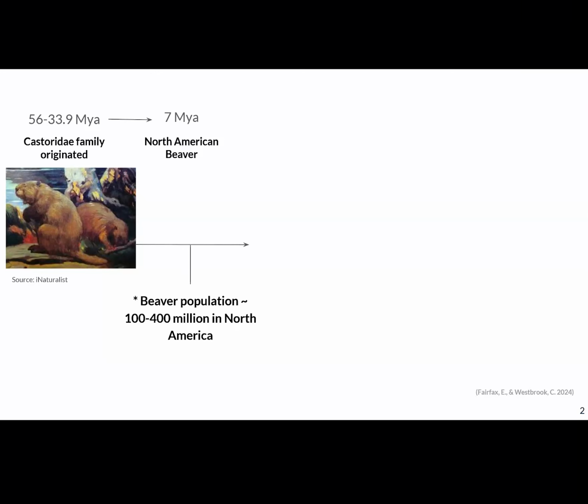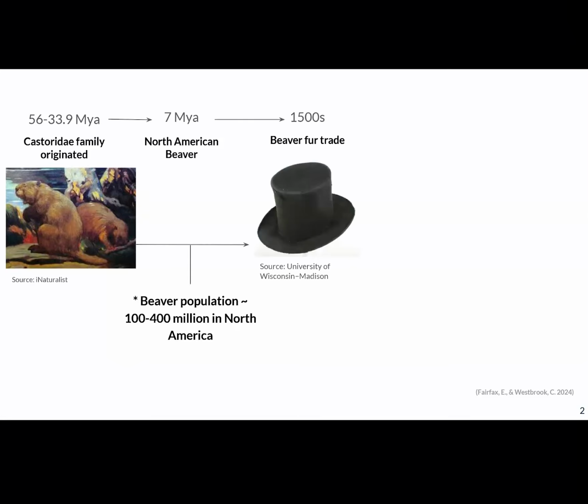Before settlement in North America, the beaver population was anywhere from 100 to 400 million. They were constantly drastically altering the landscape, and many of the characteristics of this area before colonization were entirely because of beaver activity. And then the beaver fur trade occurred. It first swept across Europe, targeting the European beaver, Castor fiber.